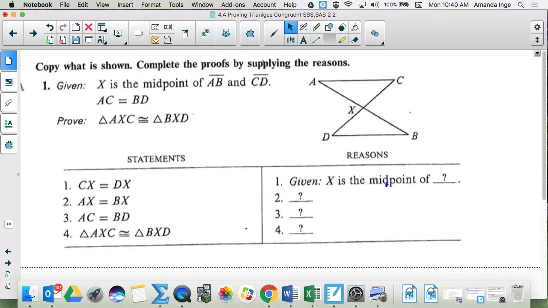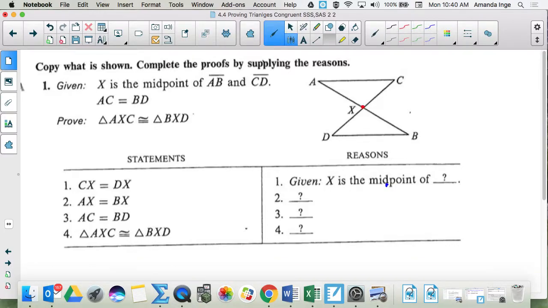Well, let's look at this one. So it says X is the midpoint of AB and CD.